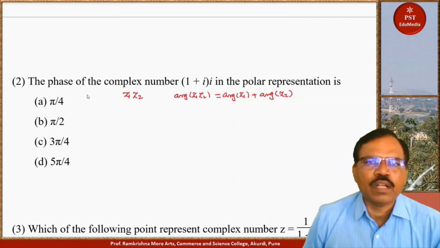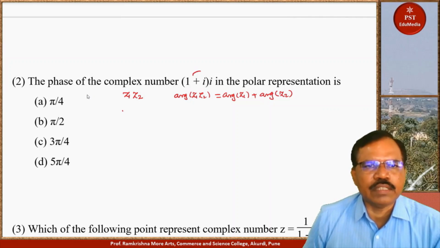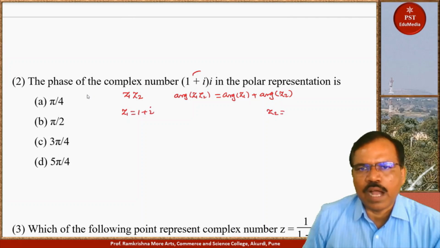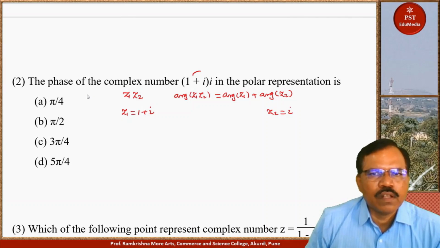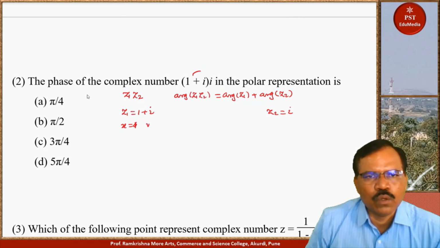Now here we have first complex number, that is Z1 is equal to 1 plus i and Z2 is equal to i. Now first we will see here 1 plus i. So here x is equal to 1, y is equal to 1. So r is square root of x square plus y square.